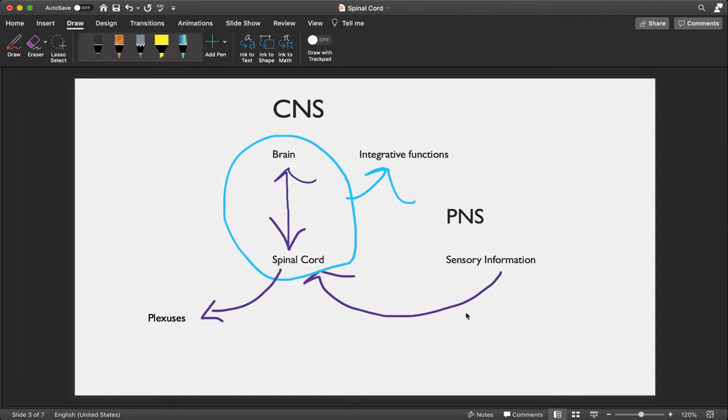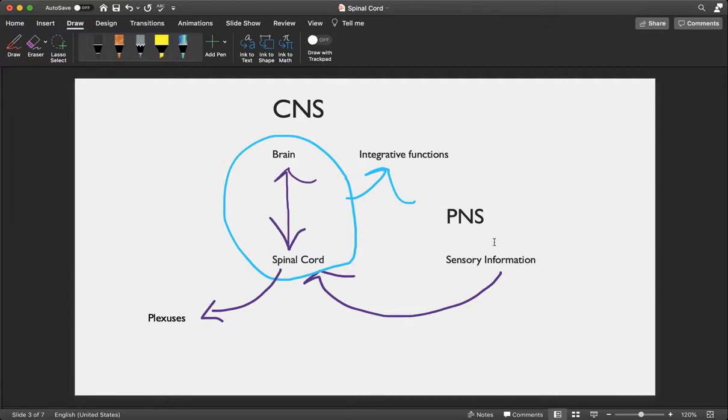We have sensory information going in. Unless this sensory signal that's being received by dendrites is being received by cranial nerves, one of those 12 cranial nerves, then it will pass through the spinal cord. If it's dealing with just cranial nerves, then we bypass the spinal cord because we are already in the brain.